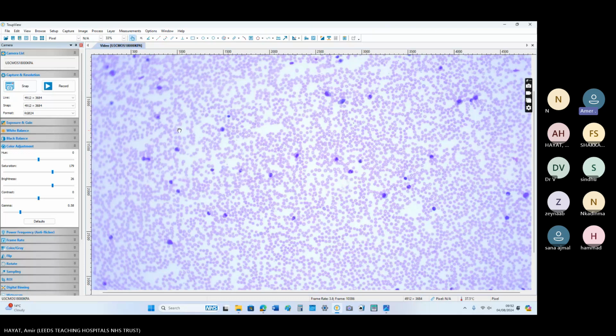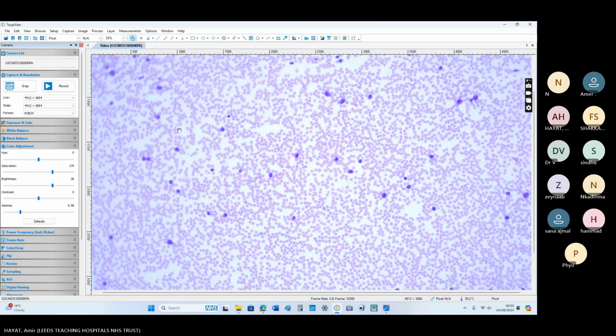The hemoglobin is 110, white cell count is 15, and platelet count is 110. So I need a volunteer to comment on this blood film.